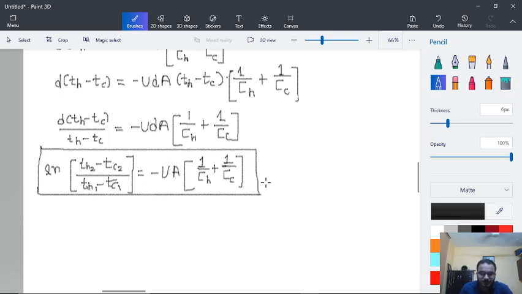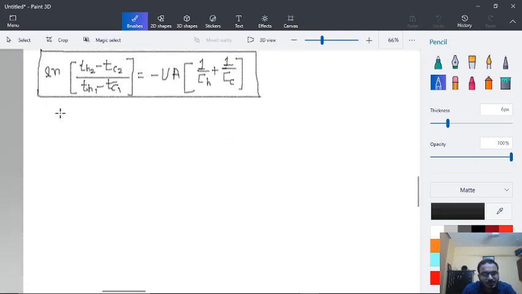Now we will go to the definition of effectiveness, that is epsilon is equal to CH into (TH1 minus TH2) divided by C minimum into (TH1 minus TC1).